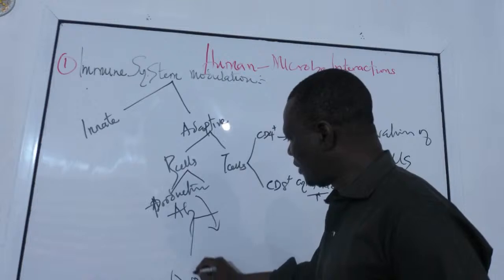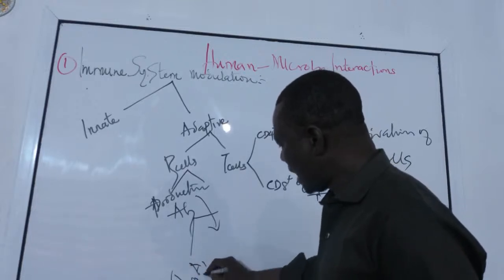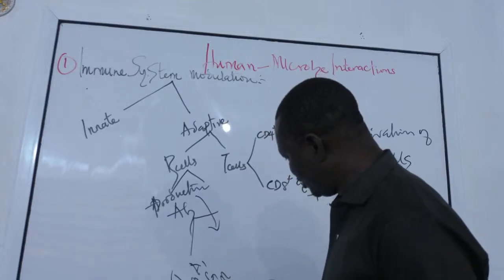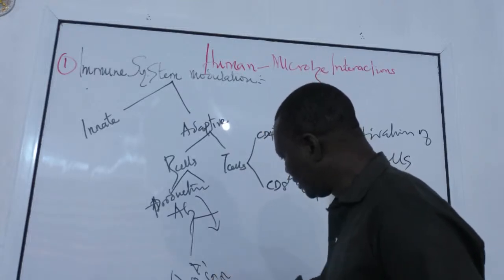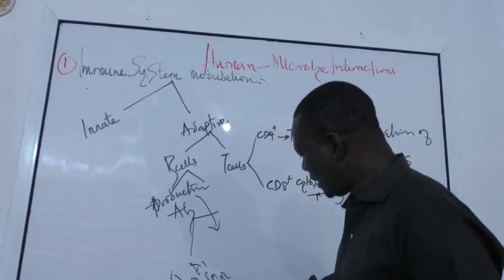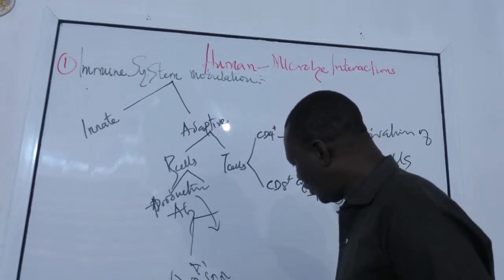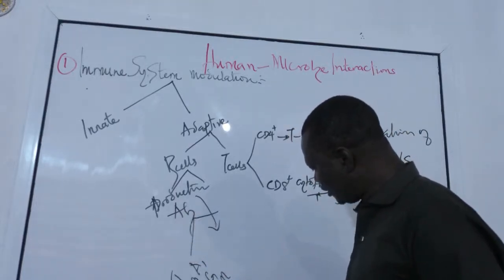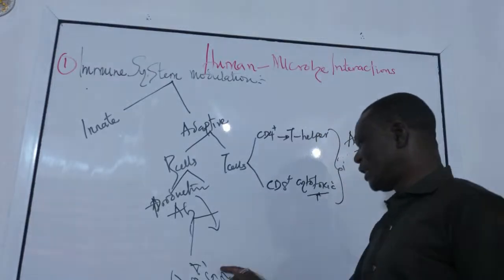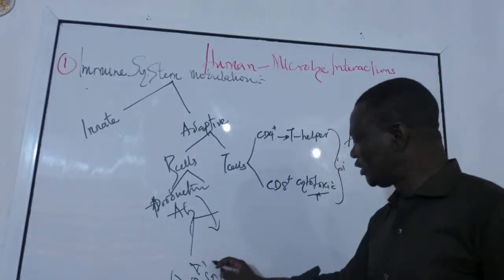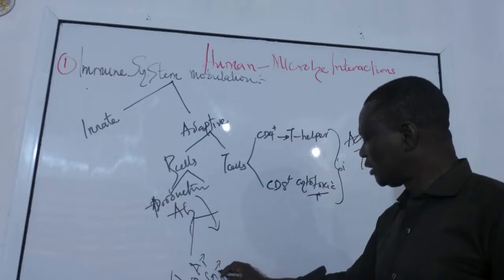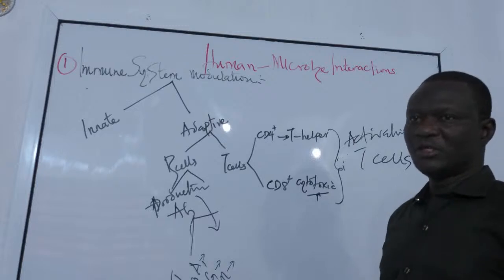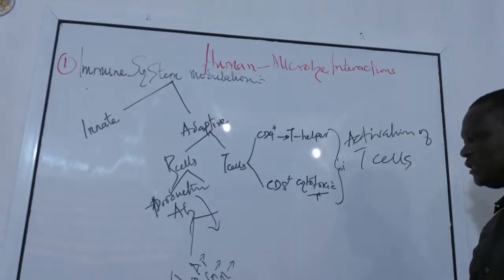We have IgA, IgG, IgM, IgD, and IgE. Each of these will be recruited depending on the type of pathogen or antigen that is involved.